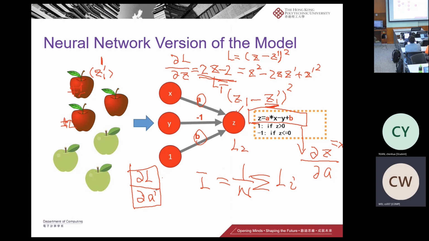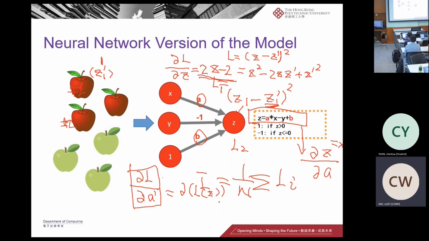Okay, so let's recall something. If you are going to calculate gradients and derivatives of a function of a function, like L is a function of z, and z is a function of a, remember there is the chain rule in calculus.